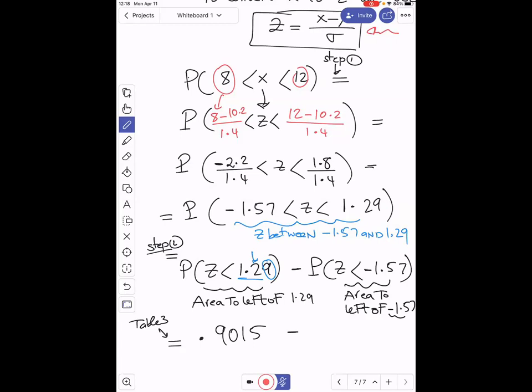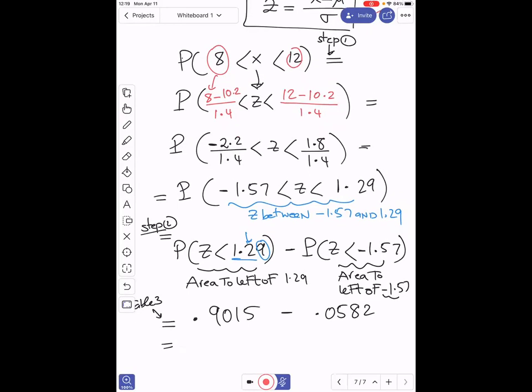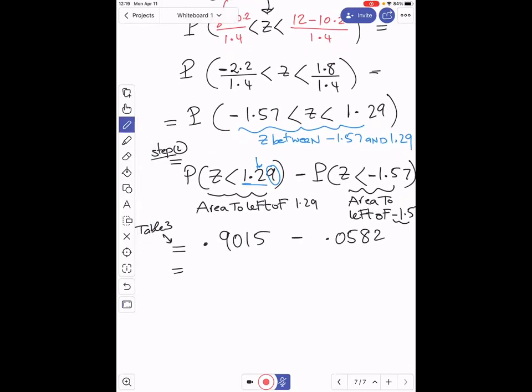The answer from the table should be 0.0582, and so the difference is 0.8433. Multiply by 100 to convert this into a percentage. So that's 84.33%.